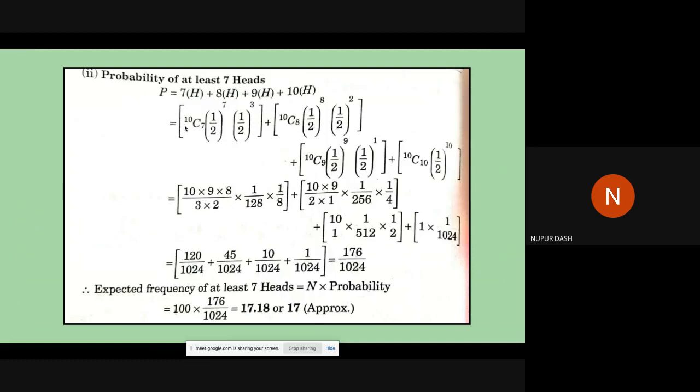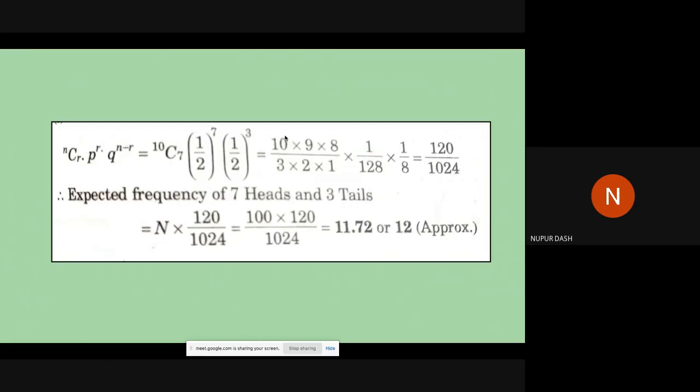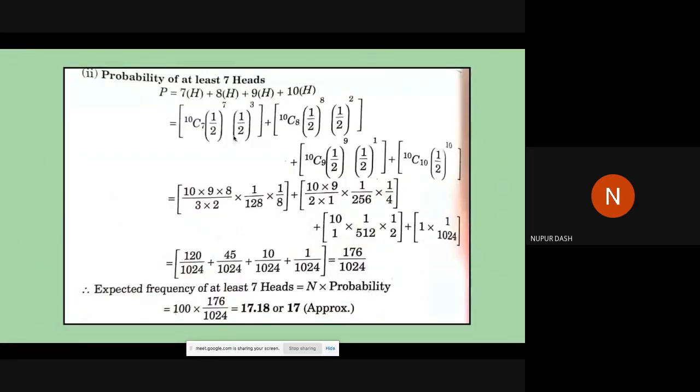So I will just show you the explanation here. 10C7 we have written, half raised to the power 7, half raised to the power 3. What was the answer in our previous slide? It was 12, right? So here also we will get 12. But what is different from the previous option? Here we have to solve for 8 heads, then 9 heads, and then 10 heads.